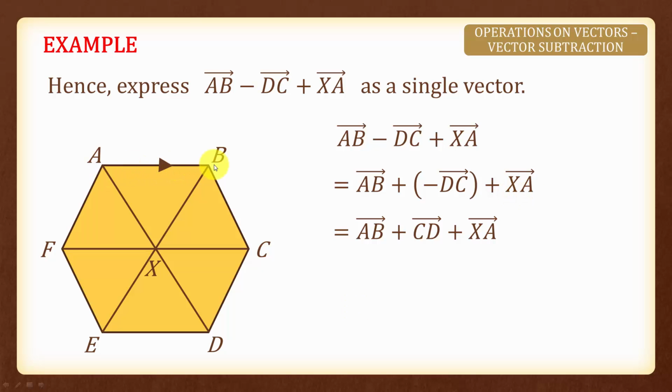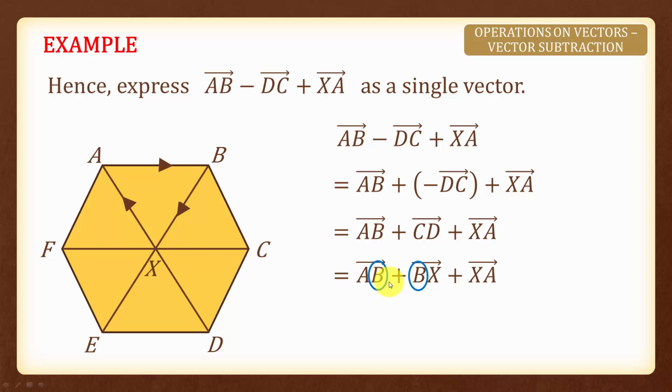Now, this is vector AB, and this is vector CD, and this is vector XA. You notice that vector CD is not in a continuous path as the other two vectors. Therefore, we will use vector BX instead, and we will have vector AB plus vector BX plus vector XA.